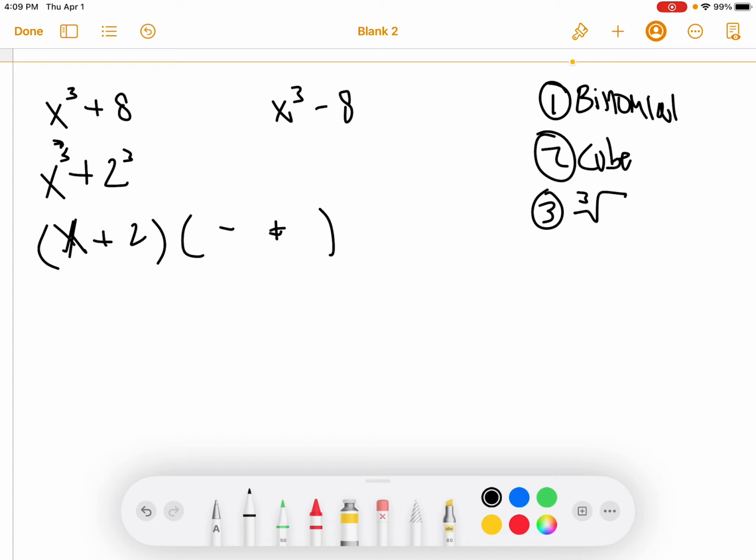Then you fill in here, you have to do x squared. It's always going to be x squared, depending on if there's something beside it, like if it was a 5, which you can't take cube root of anyways. So then what goes after the minus sign is just the 2. Oh, 2x, sorry. It has to be 2x.